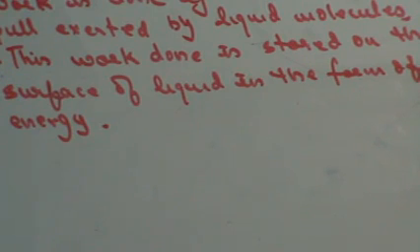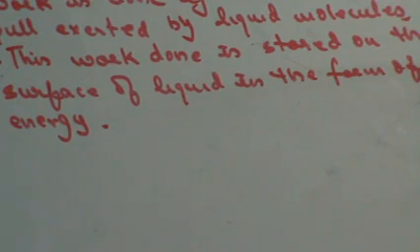Right? On the other hand, decrease in surface area of the liquid would decrease the potential energy. Right? Now, in order for the body to remain stable, the body should have minimum potential energy. Therefore, the free surface of the liquid always has a tendency to contract, so that its surface area becomes minimum and the surface energy becomes minimum. And this behavior of minimizing the surface area gives rise to the phenomenon of surface tension.